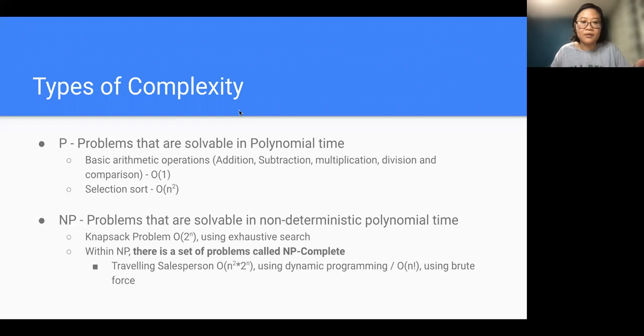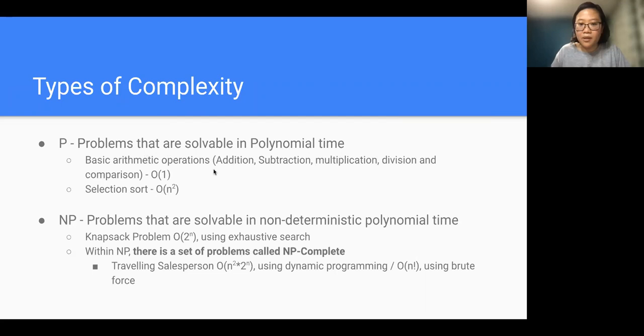So what does that mean, right? Here we looked at a few problems in the previous example, and we recognize a certain pattern of problems. Those problems have a time complexity, and those different types of time complexity are classified into two types, which is what we just described. P: problems that are solvable in polynomial time.